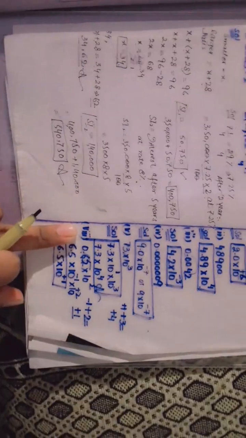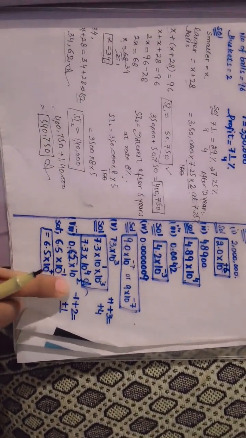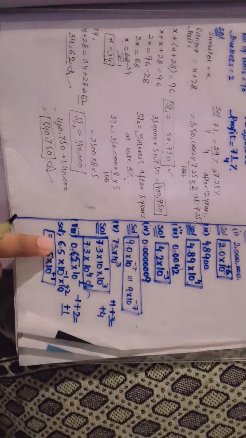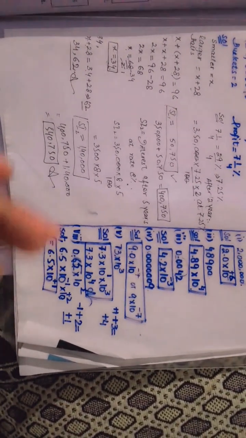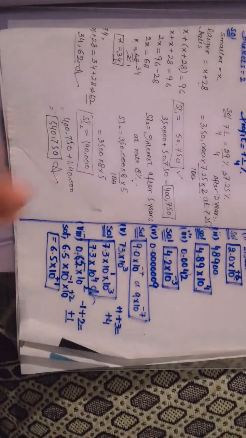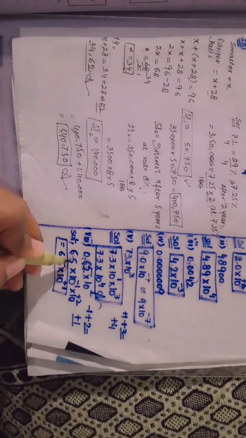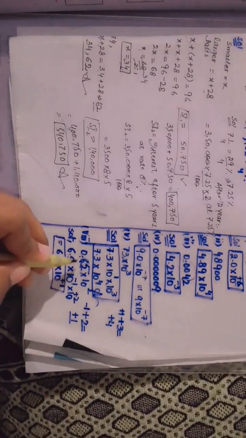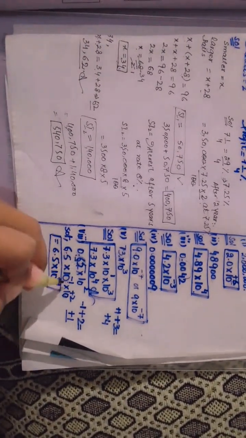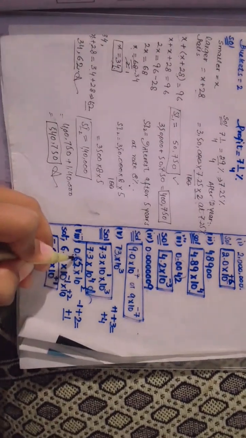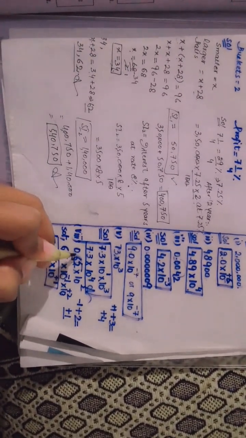So next question is question number 6. 6 is 0.65 multiplied by 10 to the base 2. So we will convert it into scientific notation in the form of power, and we can convert the complex number into the simplest form. So we can say that 6.5 multiplied by 10 to the base minus 1, because of this point moves how many numbers? It's only 1, but it will be negative, because it moved from left to right.